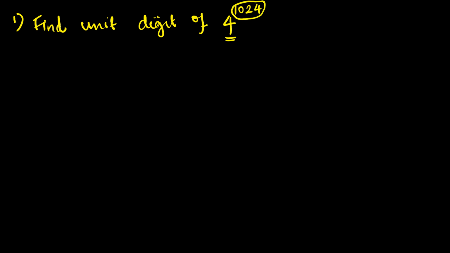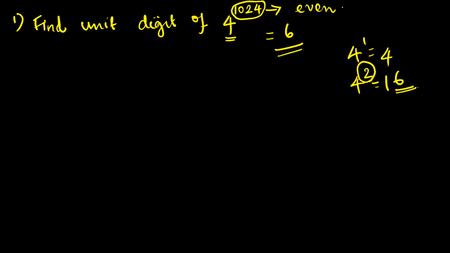This power 1024 is even. So 4 raised to 1 is 4, 4 raised to 2 is 16. That is, for even power the unit digit is 6. So here the unit digit will be 6. This is the answer. We'll see one more question.